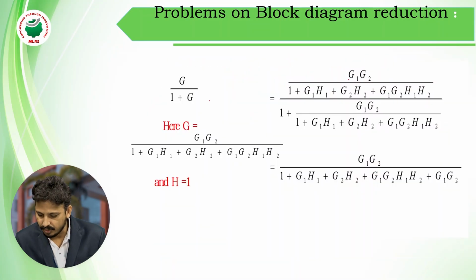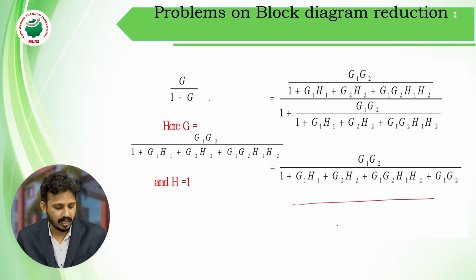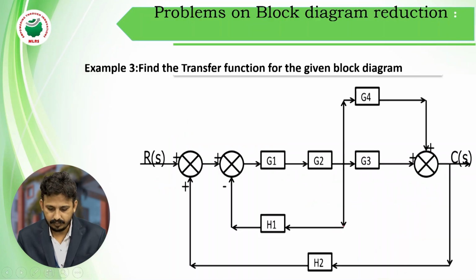Now G1 G2 by (1 plus G1 H1 plus G2 H2 plus G1 G2 H1 H2) by 1 plus G1 G2 by (1 plus G1 H1 plus G2 H2 plus G1 G2 H1 H2). After simplification, you will finally get G1 G2 by 1 plus G1 H1 plus G2 H2 plus G1 G2 H1 H2 plus G1 G2. So this is my overall transfer function.